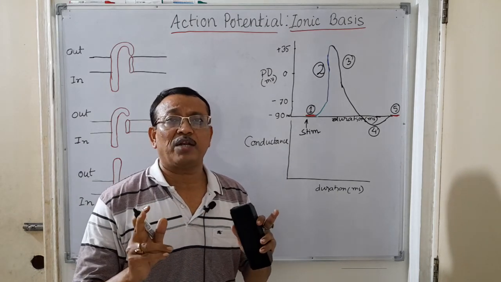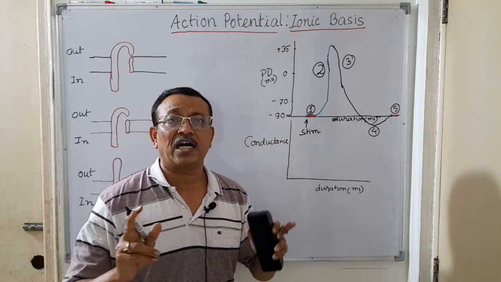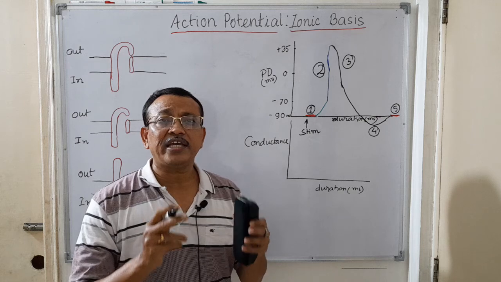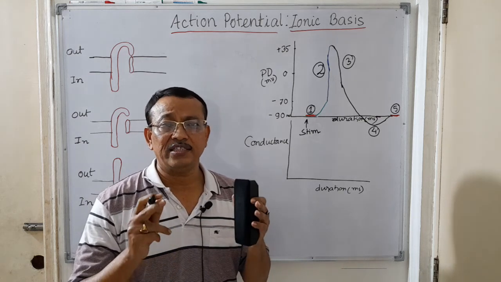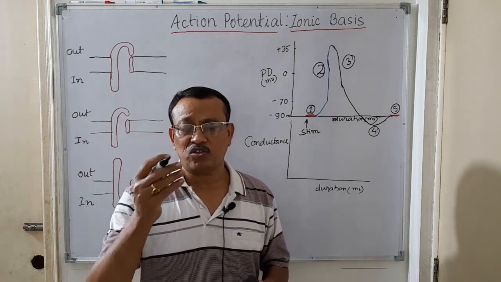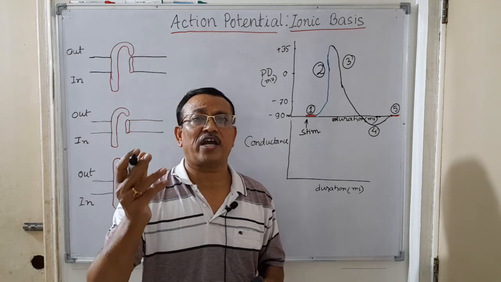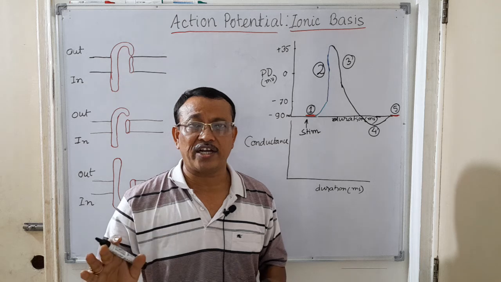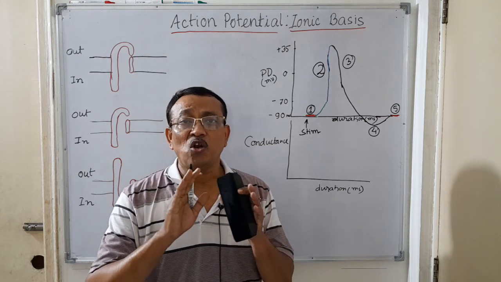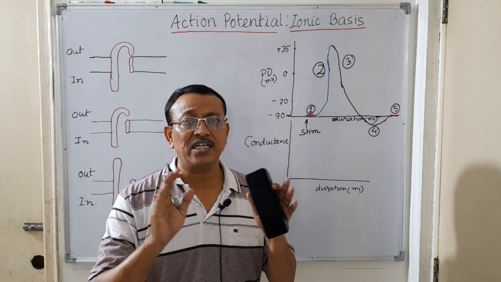The first category is the leak channels, which are leaky to ions, and through such channels ions move from outside to inside or inside to outside depending on the concentration gradient. These channels are non-gated channels.